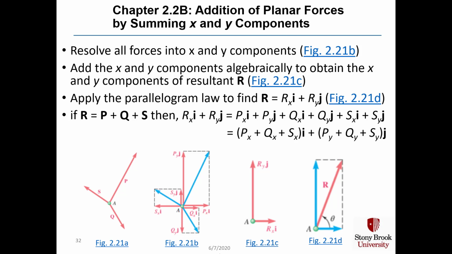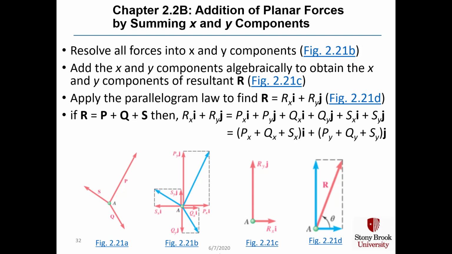And in figure 2.21d, we apply the parallelogram law to configure vector R, which is equal to R sub x times i plus R sub y times j. We also show you the standard formula.